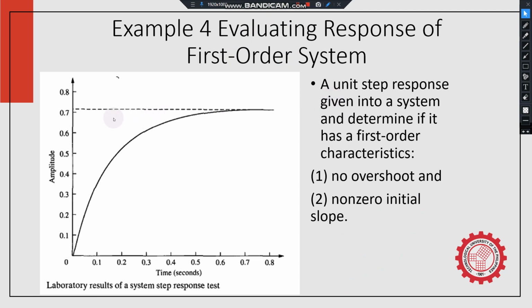So this is the given curve of our problem, a unit step response, and we're going to determine if this is a first order system with no overshoot and non-zero initial slope. By the way, when we say no overshoot, it's a proof that it's a first order. Likewise for the non-zero initial slope.